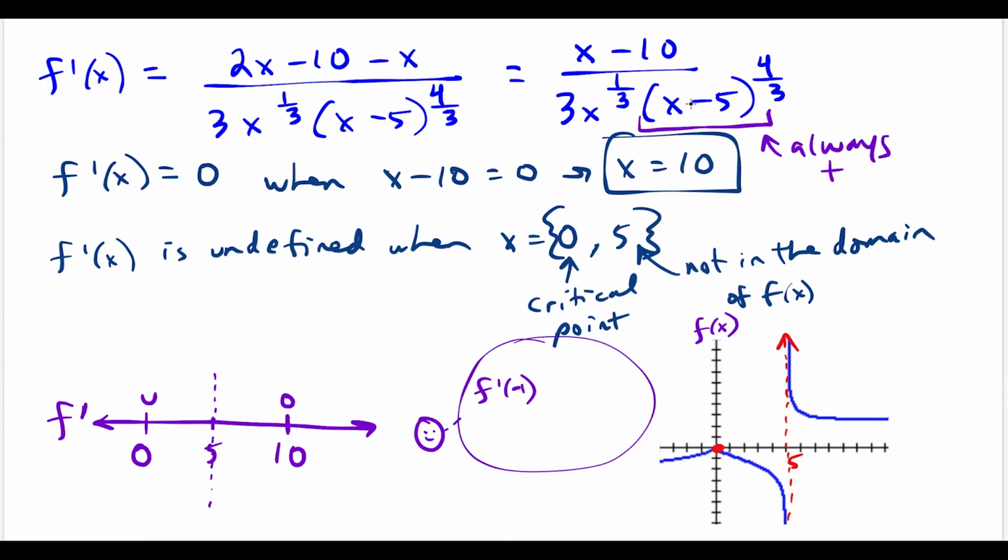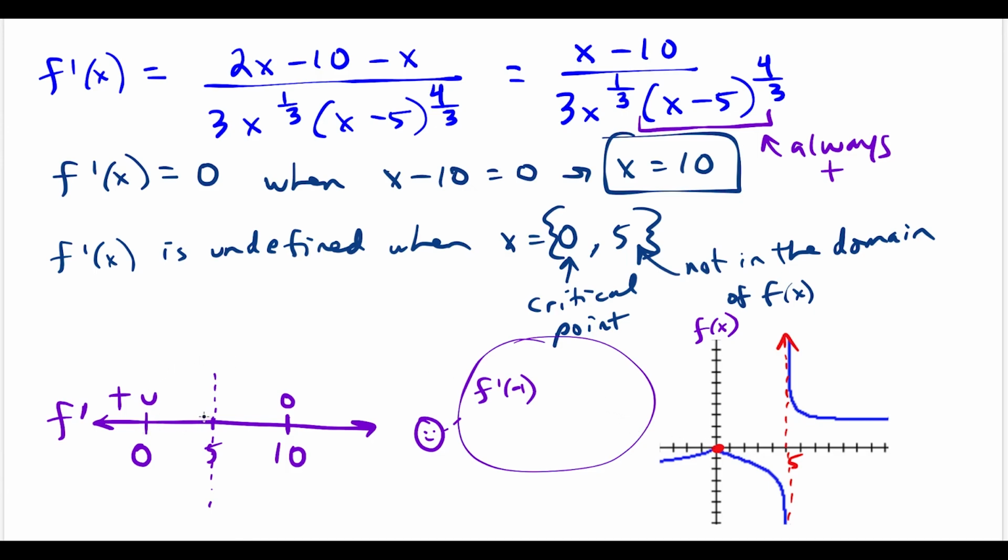So this is always positive. So if I plug in to the derivative here, I have negative 1, so we're plugging in negative 1. Negative 1 minus 10 is negative. The cube root of negative 1 is also negative, so a negative over negative goes positive. So that's why here f prime is going to be positive from negative infinity to 0. And notice the graph does start off by increasing.